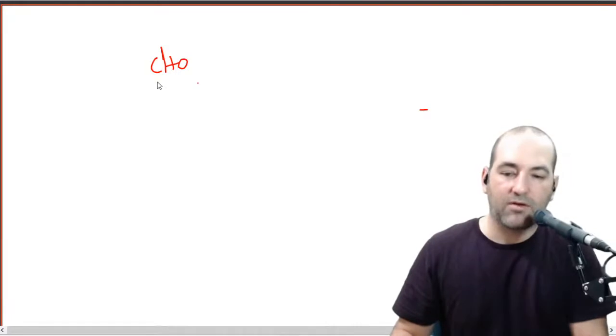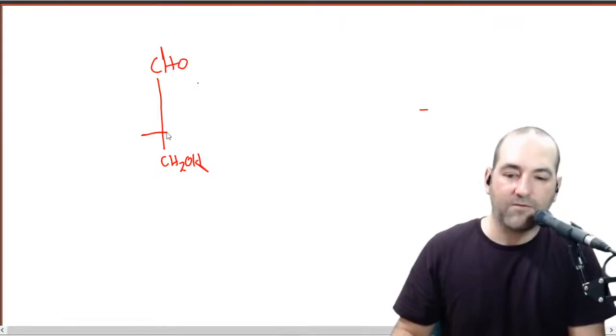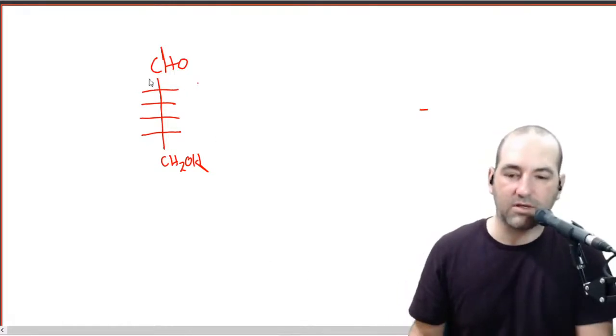There we go. We've got our aldehyde on top and this CH2OH at the bottom. And then there's going to be 4 stereo centers, stereochemical carbons there.